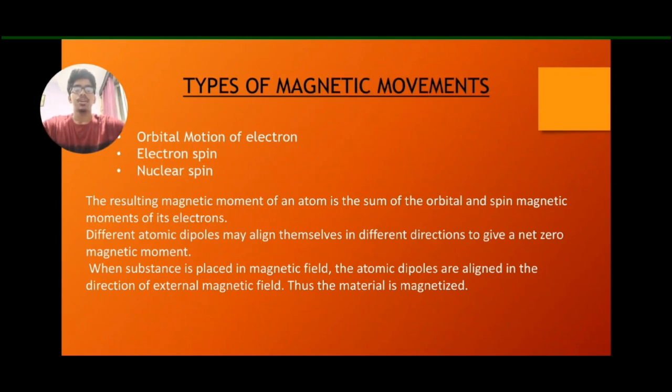Different atomic dipoles may align themselves in different directions to give a net zero magnetic moment. When a substance is placed in a magnetic field, the atomic dipoles are aligned in the direction of the external magnetic field. Thus, the material is magnetized.